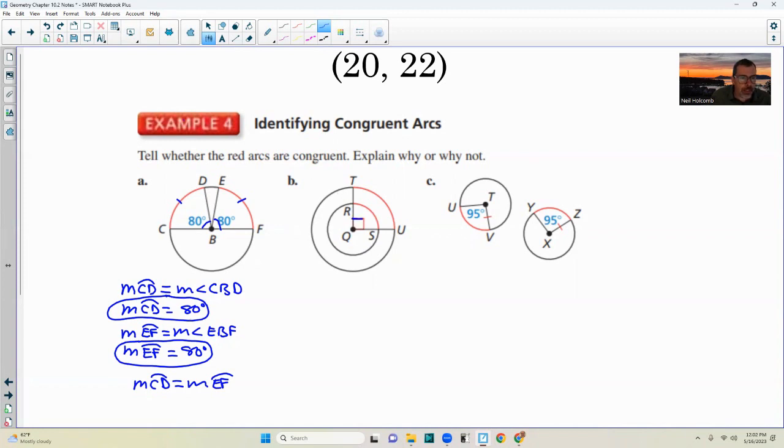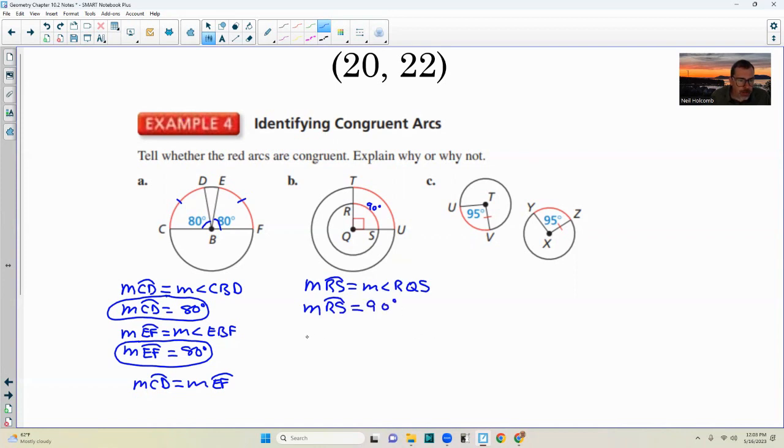So this is a 90-degree angle right here. So the measure of this arc is 90 degrees because the measure of arc RS equals the measure of angle RQS. And therefore the measure of arc RS equals 90 degrees.